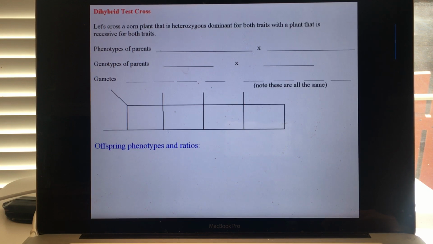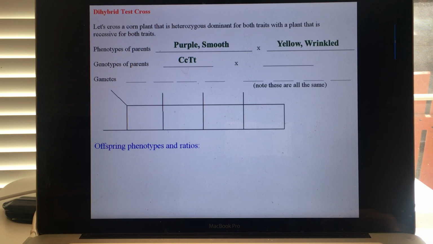So let's do a dihybrid test cross. So we're going to cross a corn plant that's heterozygous dominant for both traits with a plant that is recessive for both traits. So that means a purple smooth corn plant with a yellow wrinkled. Now the genotypes of the purple smooth parent would be big C, little c, big T, little t, or heterozygous for both traits.